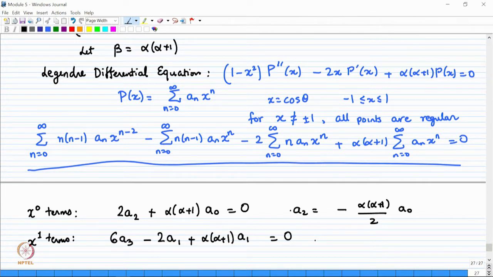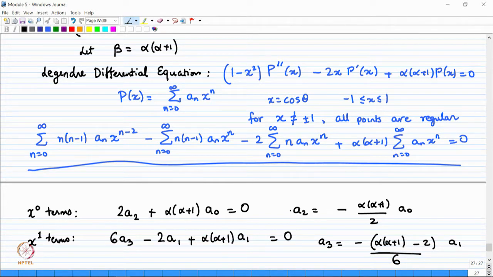So what you get is a_3 is equal to minus a_1 times alpha times alpha plus 1 minus 2, divided by 6.